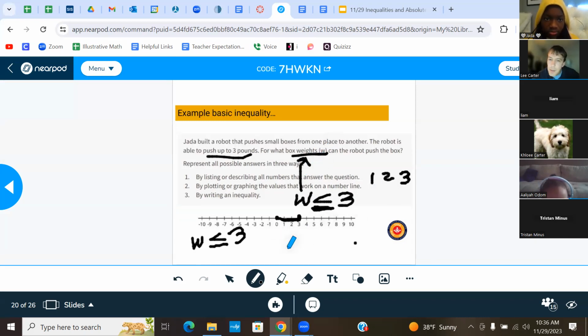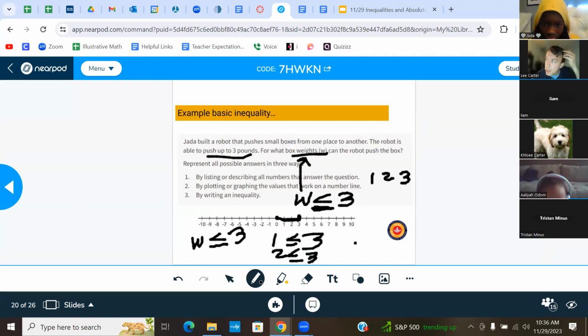Now, think about it this way. 1 is less than or equal to 3, right? So that's true. 2, less than or equal to 3. And 2.5, 2.75, etc. All those are true statements. 4 is not less than 3. So that makes sense because the robot can't push 4 pounds. Okay. Any questions on that?